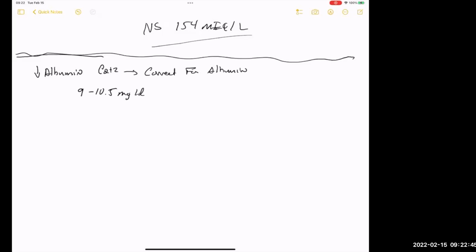All right. And just for reference, a normal albumin is 3.5 to 5.5 grams per deciliter, or 35 to 55 grams per liter, right in there.